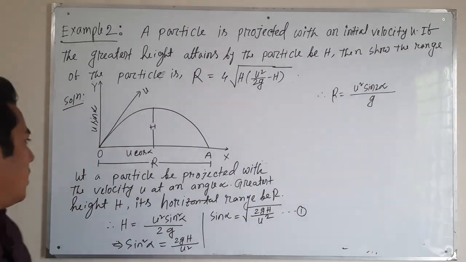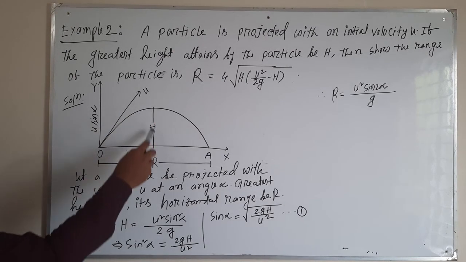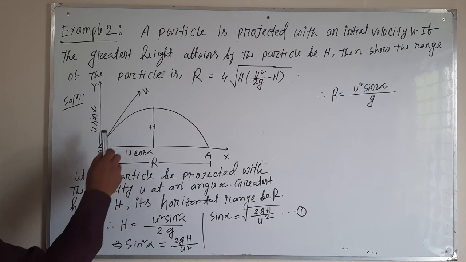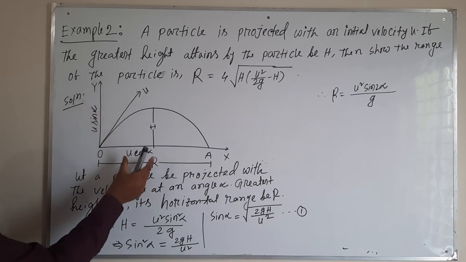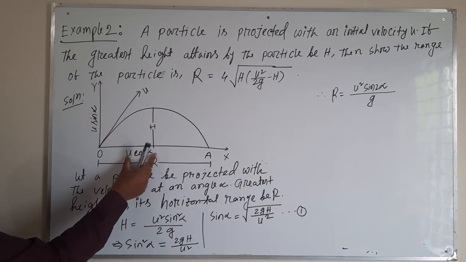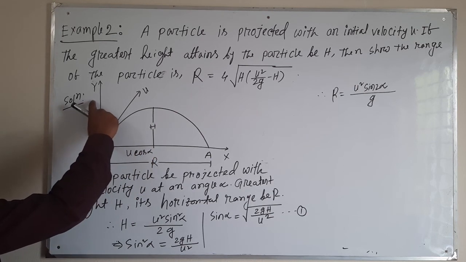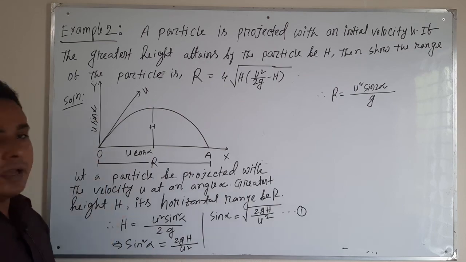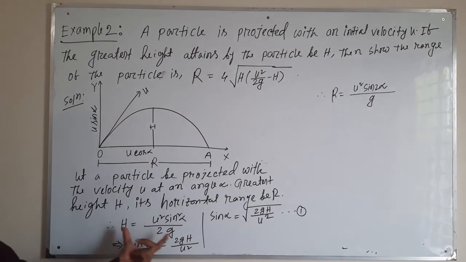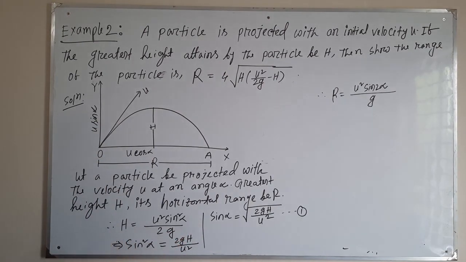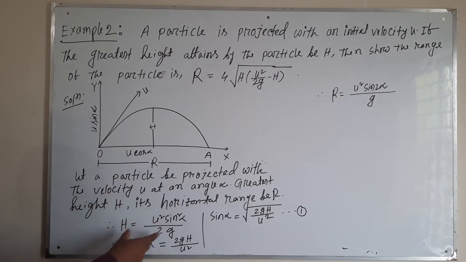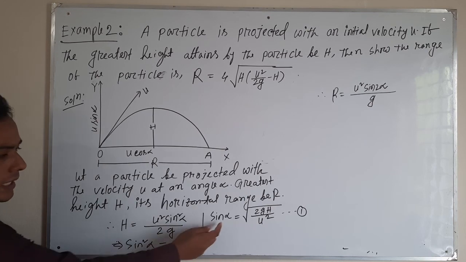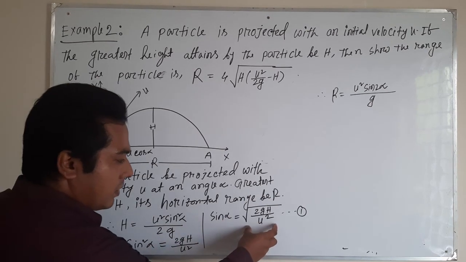Okay, just you have this is the greatest height of this particle is h, the initial velocity is u, the horizontal resultant part is u cos alpha and vertical resultant part is u sin alpha. Okay, according to this scenario we can write the greatest height is equal to this, and after calculation from this formula sin square alpha is equal to this and sin alpha is equal to this.